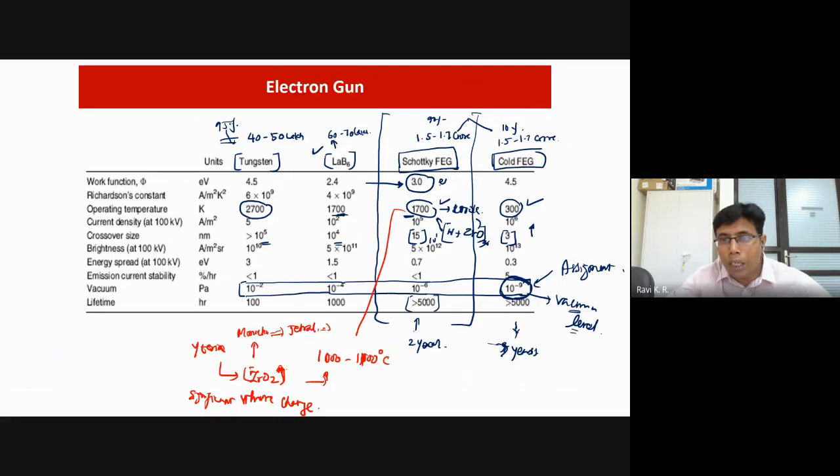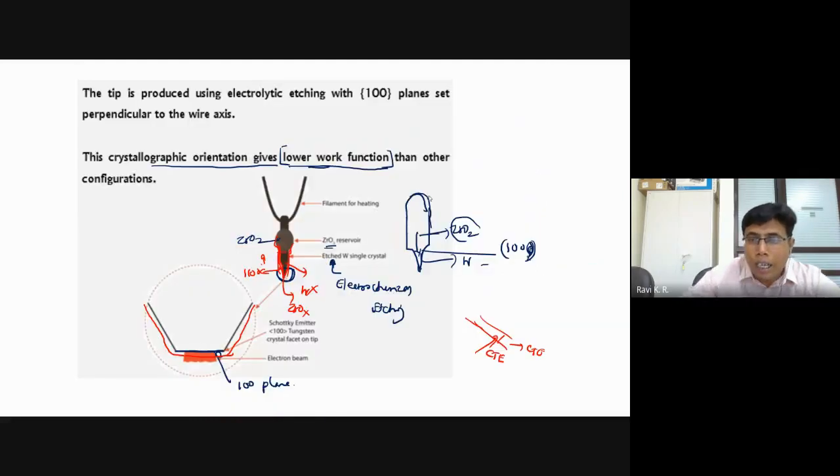How come? Because work function is material dependent. Use some other material, it will have a different work function, because ZrO2 is the one which is actually releasing the electron, not the tungsten. The purpose of the tungsten is to get the sharp tip, which you may not be able to do in the ZrO2.